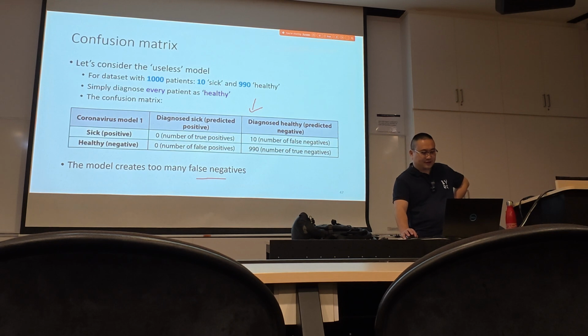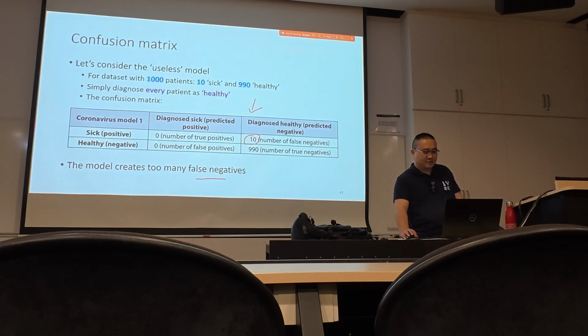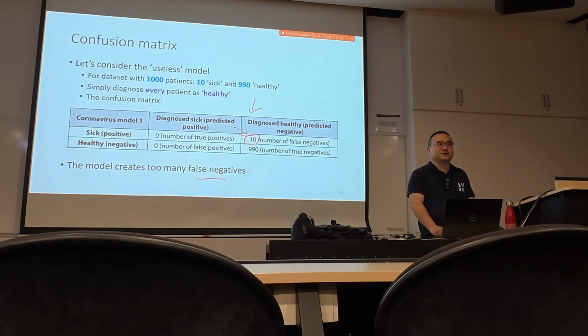The model makes like 10 false negatives, so it means the model never predicts a correct positive sample. In this way, we can identify that the model is doing something incorrectly. However, if we are just using accuracy, we cannot see the detail. We just say, oh, the accuracy is 99%.